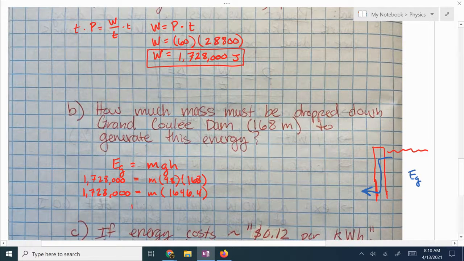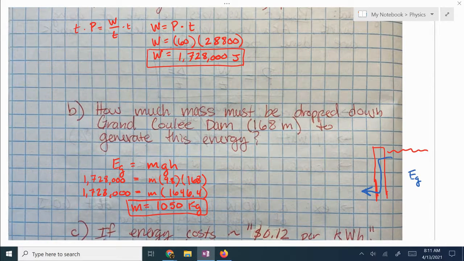Divide both sides by that, and you're going to get basically 1,050 kilograms worth of water. So 1,050 kilograms is roughly about a ton of water.